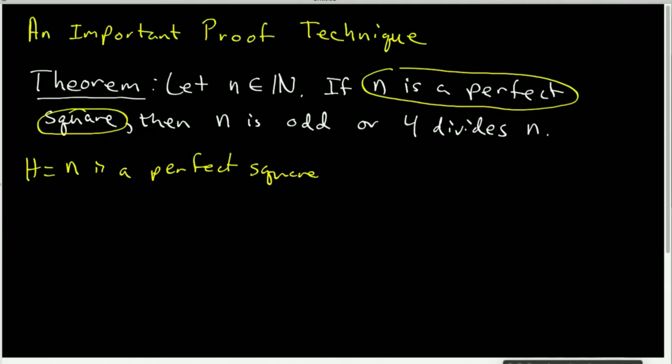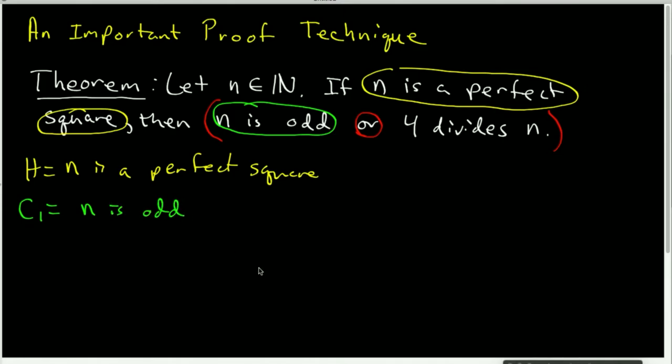Now, the conclusion is a compound statement, and I know it's a compound statement because of this word or. N is odd, or 4 divides n. The first clause of this compound statement is n is odd, and I'm going to call that C1. We can think of that as the first of the two conclusions.